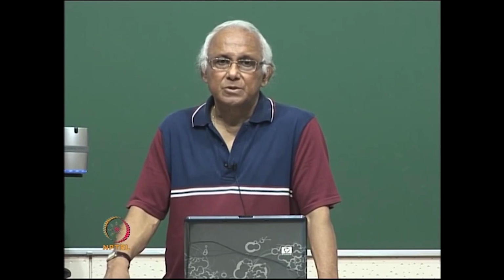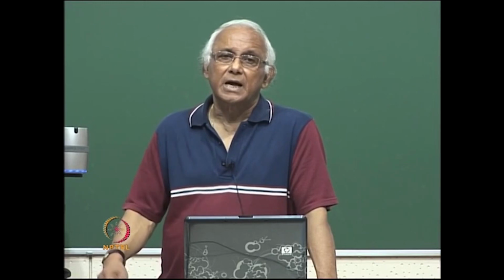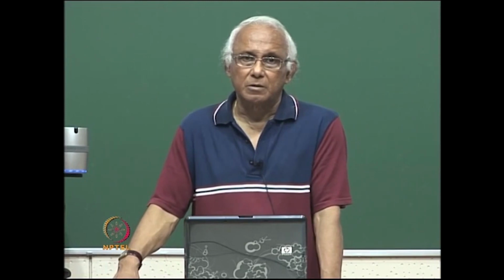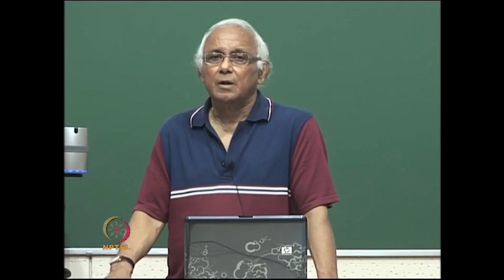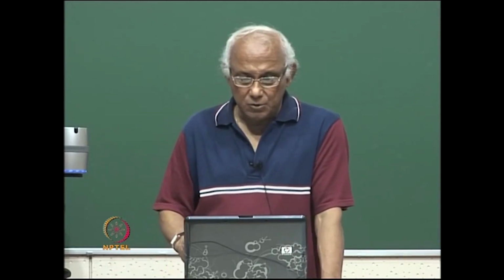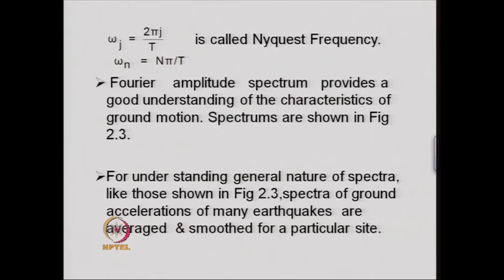Therefore, in terms of the amplitude at a particular frequency, those values do not give any additional information. Similarly, so far as the phase is concerned, that also does not give any additional information. Therefore, the first n by 2 plus 1 values of the total n values of X(i omega) obtained from FFT are used for obtaining the Fourier spectrum.